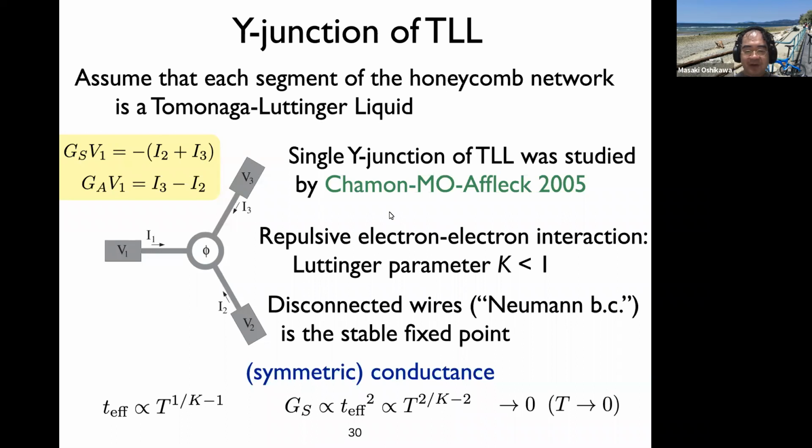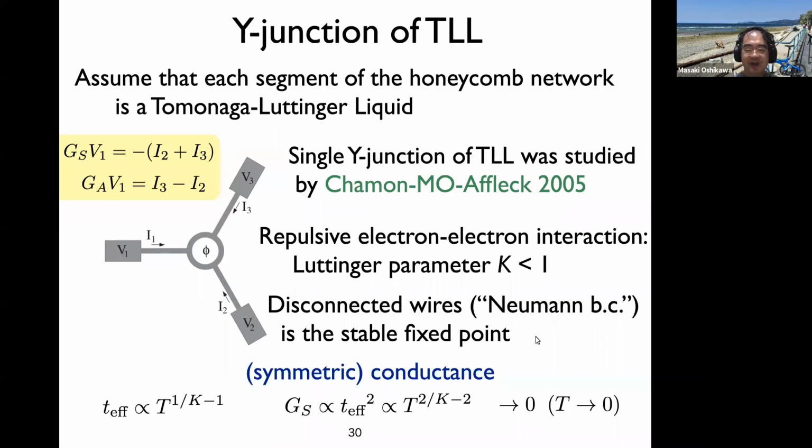And we studied various properties, but maybe the most physically relevant case, the case with most application to electronic materials, would be the repulsive electron-electron interaction case. In that case, the Luttinger parameter K is less than 1. So in that case, the physics is very similar to the Kane-Fisher single barrier in a Tomonaga-Luttinger liquid.